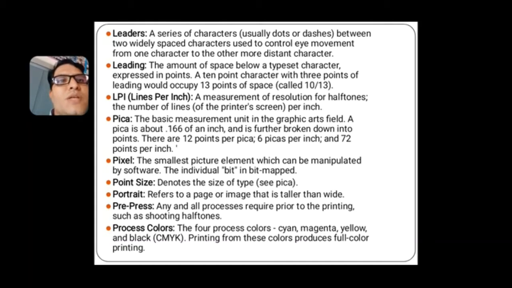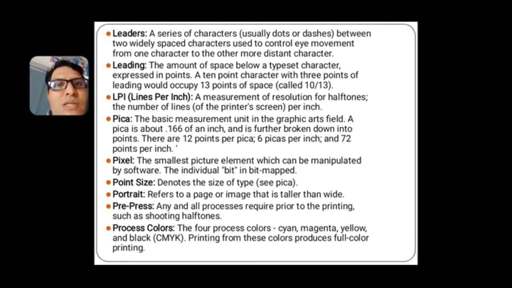Here we are expressing line-to-line space, line spacing, which in DTP terms is called leading. If you have 10-point characters and provide 3 points of leading, then it will consume 13 points of space, so it means 10 by 13.